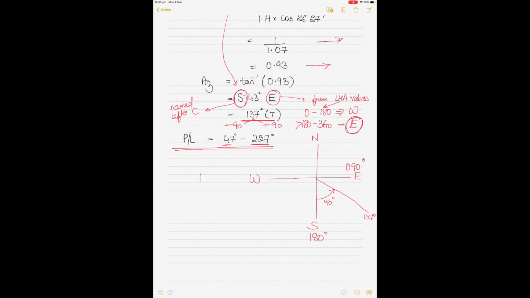So basically what this means is, if you've got a bearing of 137 degrees, this is south and east, this is 137 degrees of bearing true, your position line is a line drawn perpendicular to the bearing, and the orientation of this line is 047 to 227 degrees. This is a perpendicular line.